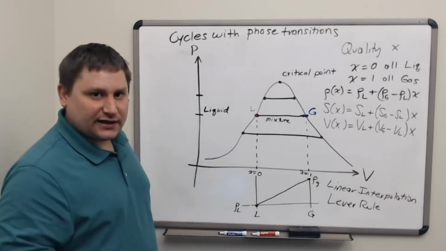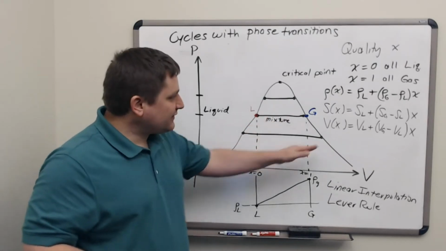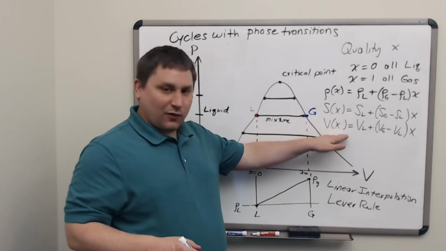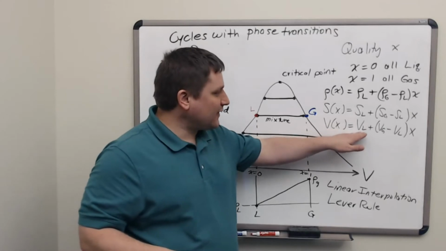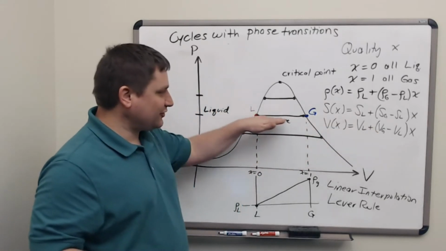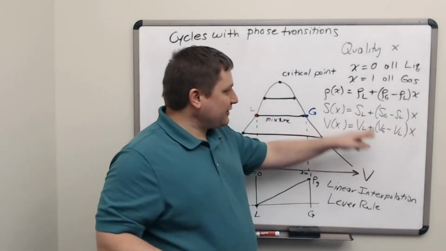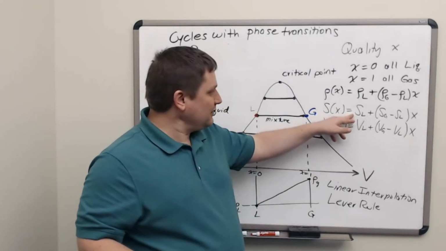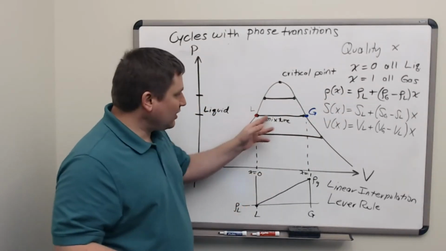This means that if we define the point in the mixture by its volume, we can solve, say, for the quality value of a specific volume, knowing the volume of the gas and liquid at that pressure line, and then use that quality value to predict the amount of entropy per mole or the density or any other quantity along this mixture line.